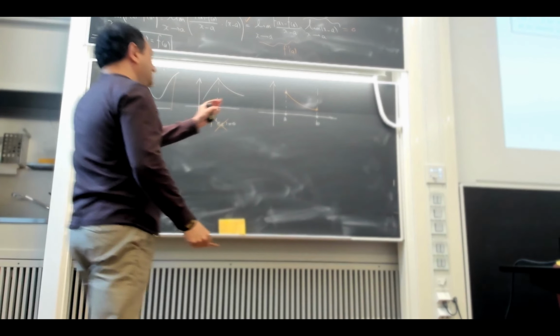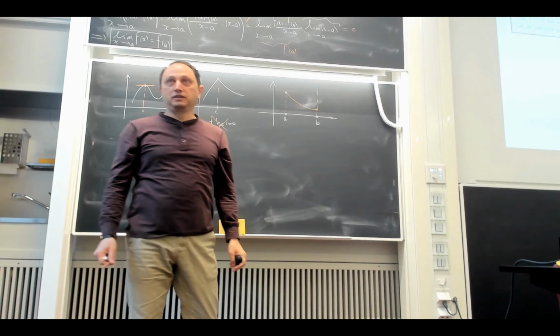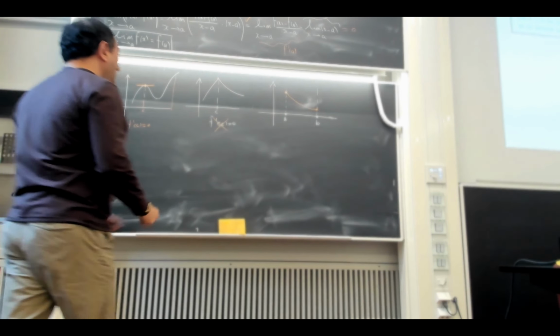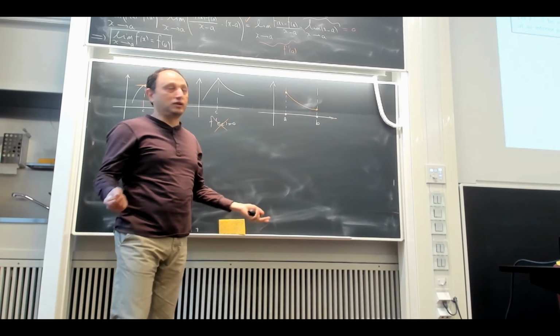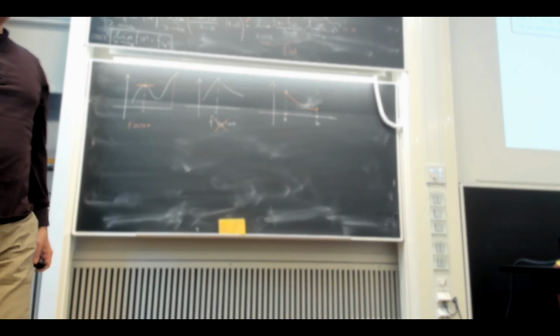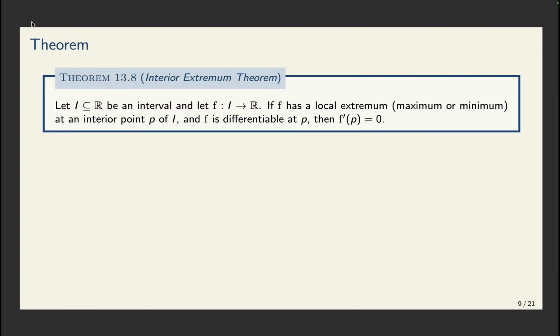Of course there is nothing on the left to compare, but on the right, it is higher. So it's a local maximum again. But can I say that the derivative there is 0? Can I say f prime of a is 0? Of course not. So this is important, that this is why in this theorem it is called the interior extremum theorem.